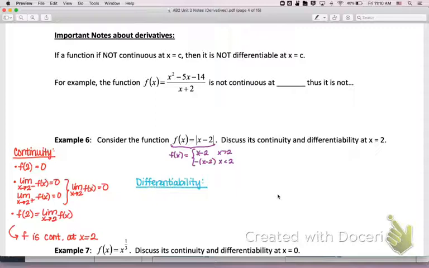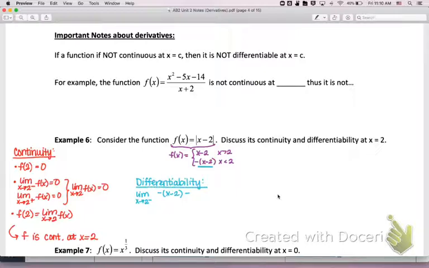So if we look at the limit from the left, we need the limit as x approaches 2 from the left of f of x, which from the left is this side, so negative (x minus 2), minus f of a. f of a is going to be 0 in this case, so if we plug in 2 to the right piece, we're going to get 0.